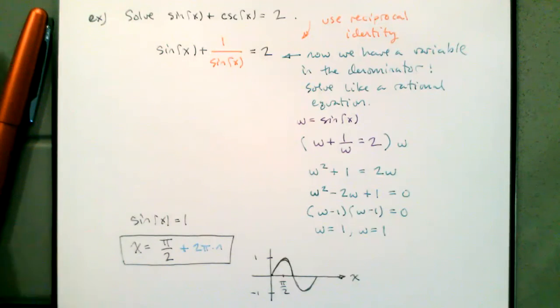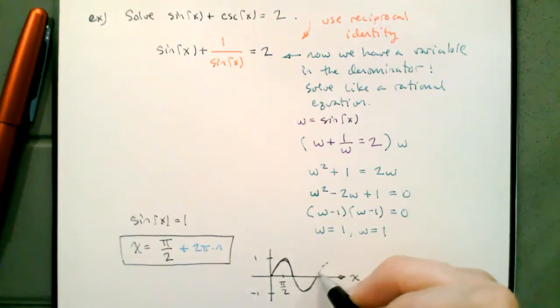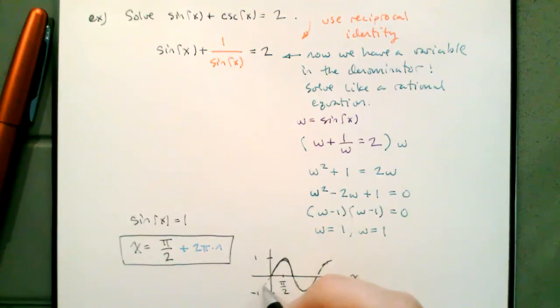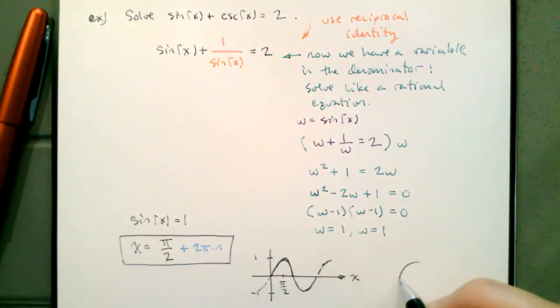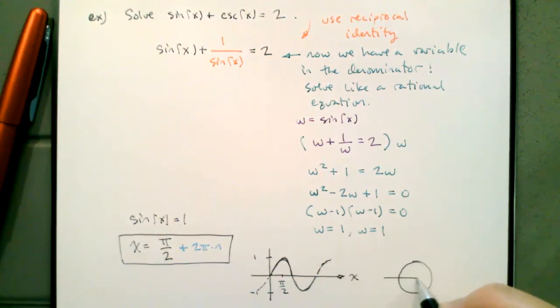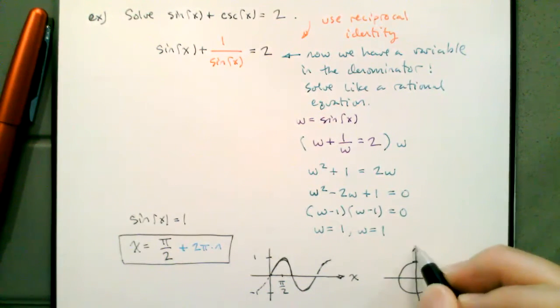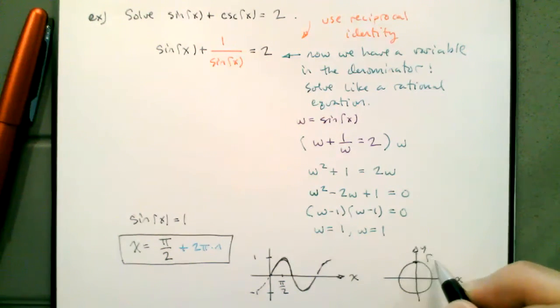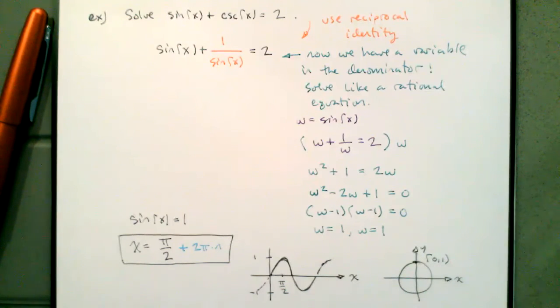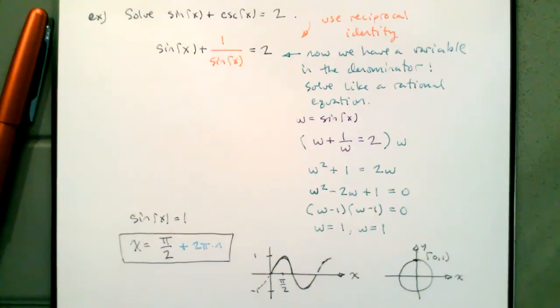Or we could think in terms of the unit circle. Sine is the y coordinate. So that only happens that one time at (0, 1). And that happens at pi over 2.